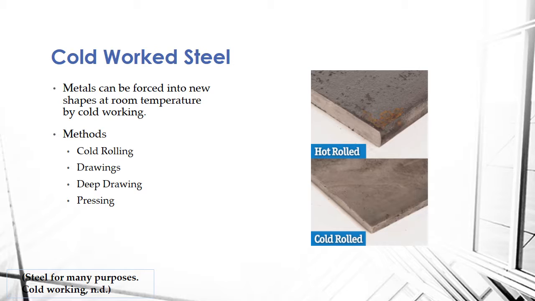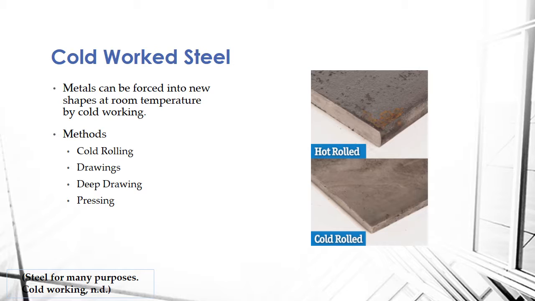There's several methods. Cold rolling, the metal strip is passed through two rolls that have only a narrow gap between them. Drawing, the metal is pulled through a small hole in a die. Deep drawing, a punch forces the metal sheet into a die.